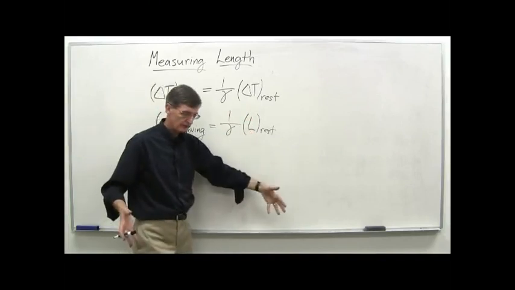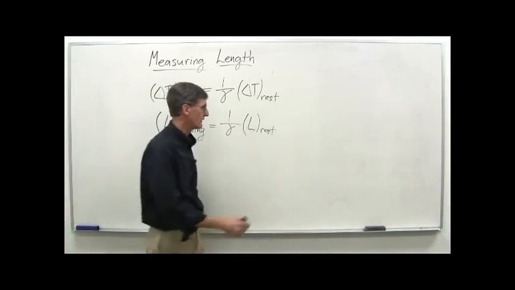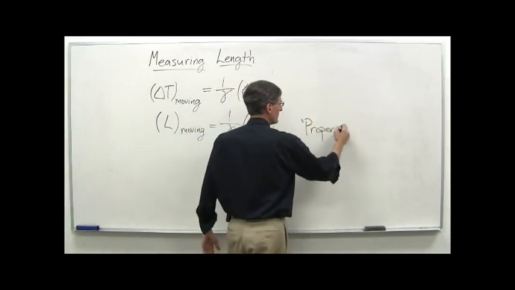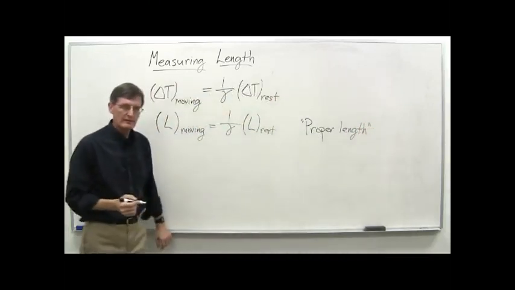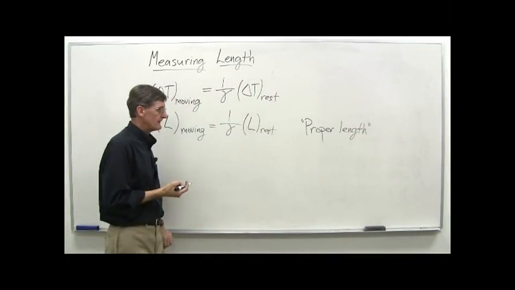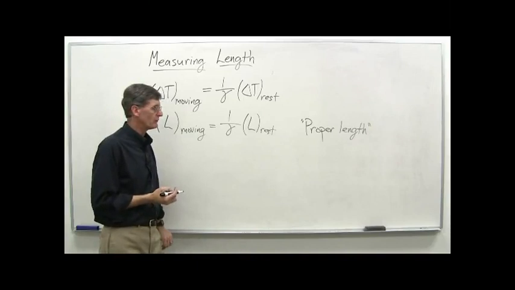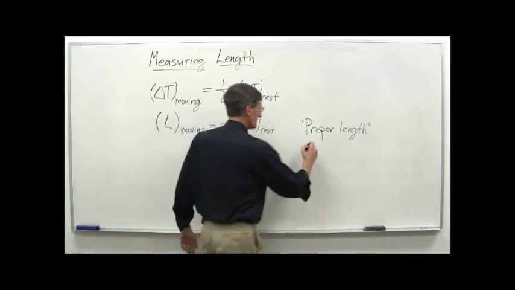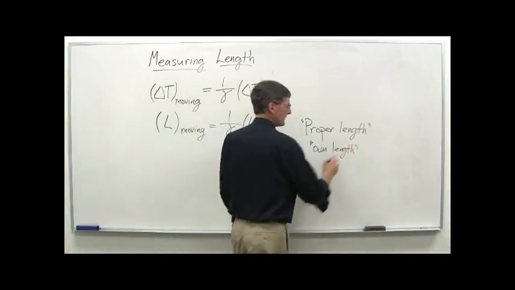In other words, if Bob is just sitting there in a ship, he's at rest as far as he's concerned. He's measuring his length of the ship. We call that sometimes the proper length. It's not the greatest term necessarily. In German, the terminology Einstein was using, I believe, was his own length, Eigen, I think, though my German is really rusty.